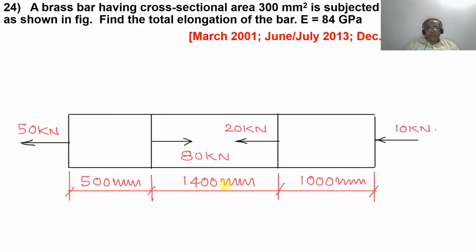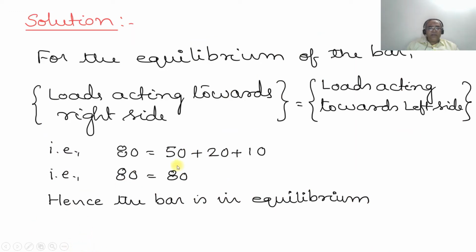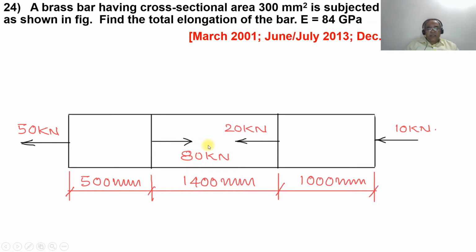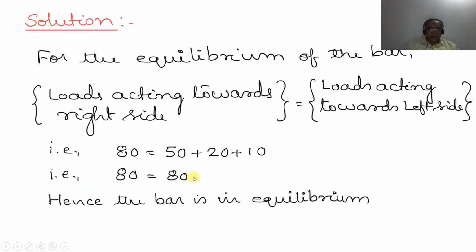So load acting towards the right side: here we have 80 kilonewton, which will be equal to the load acting towards the left side, 50 plus 20 plus 10, it becomes 70 plus 10, 80. So 80 is equal to 80 kilonewton. Since the LHS is equal to RHS, hence the bar is in equilibrium condition.